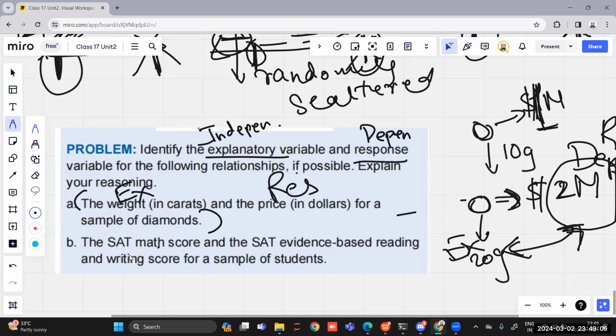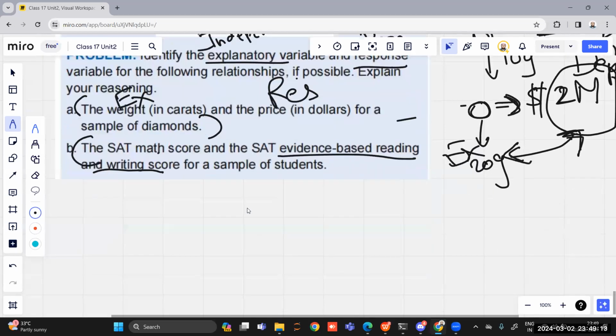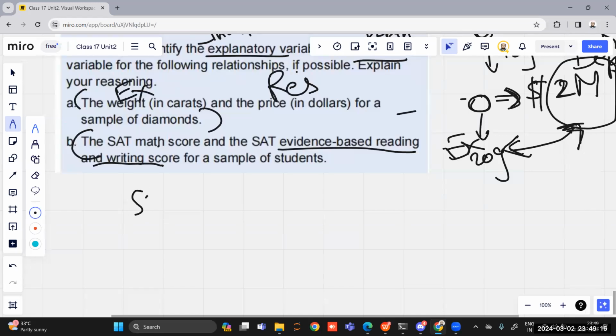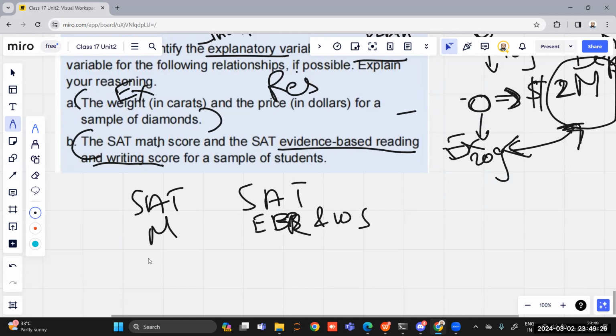The SAT math score and the SAT evidence based reading and writing score for a sample of data. So, for example, there is a SAT exam, and the SAT scores of students in maths and in evidence based reading and writing are seen. If he has scored 20 marks in maths, he can score either 15 or 10 in writing, not a problem.